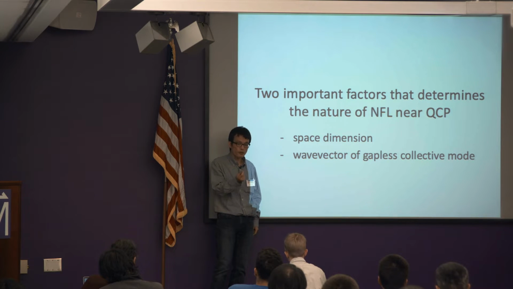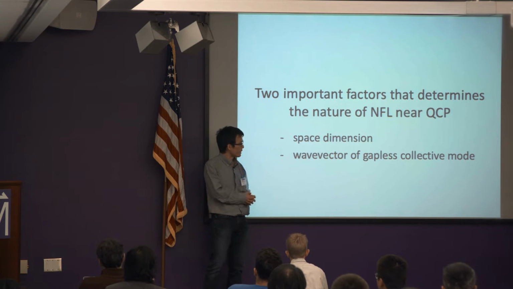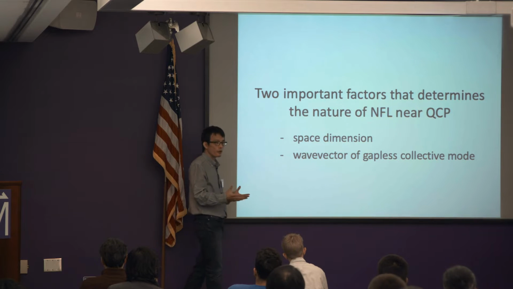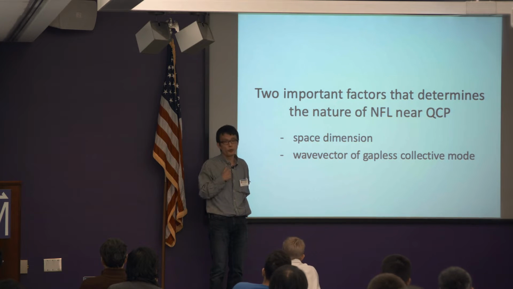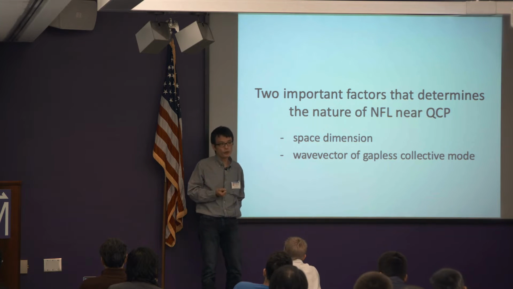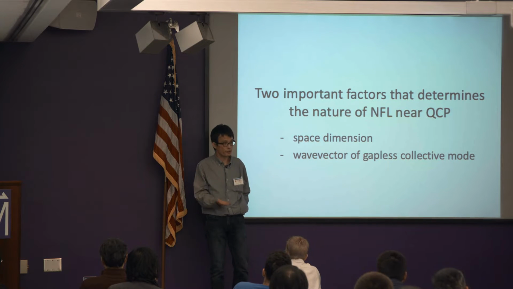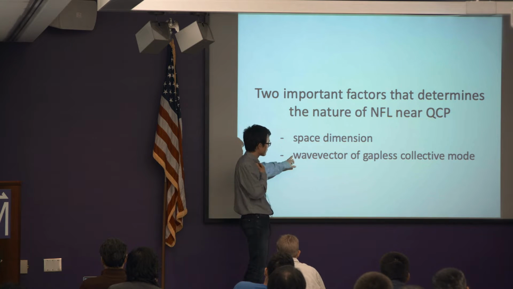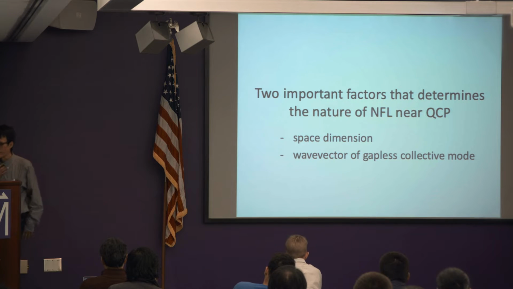We are talking about quantum phase transitions, and on the ordered side, you can have a Q equals 0 order that is associated with breaking of some internal symmetry at uniform order. That is Q equals 0 order. But you may also have some kind of density wave, spin density or charge density wave transition. Then you have a non-zero Q vector. So that's the wave vector of the ordering.